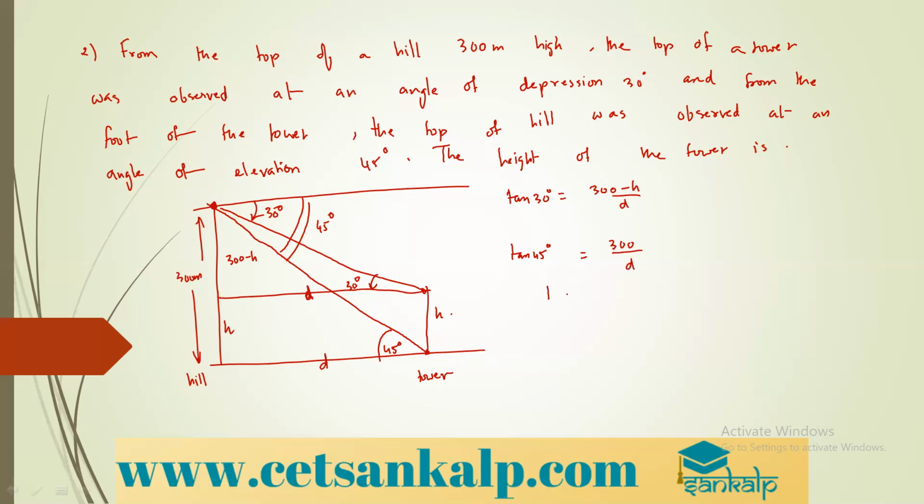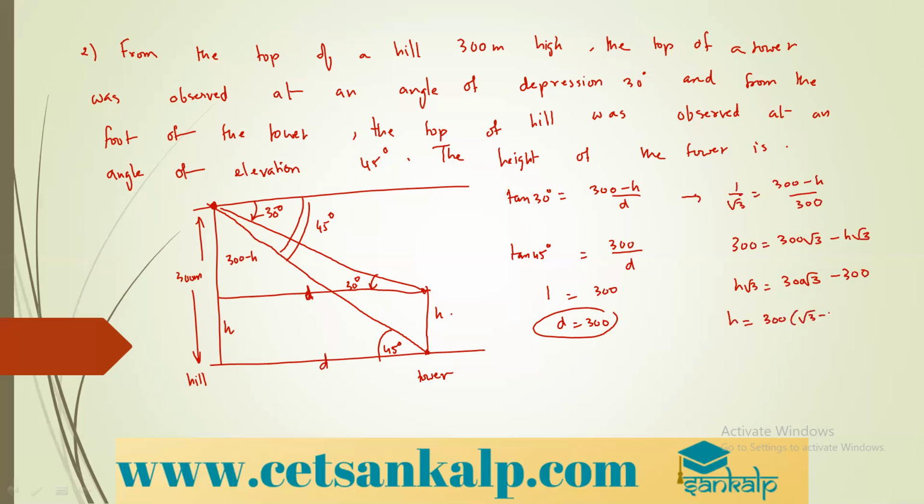Because tan 45 is 1, we can say d will be 300. And so here, tan 30, 1 by root 3 equal to 300 minus h by 300. 300 equal to 300 root 3 minus h root 3. So h root 3 will be equal to 300 root 3 minus 300. Or h is equal to 300 common, root 3 minus 1 by root 3.